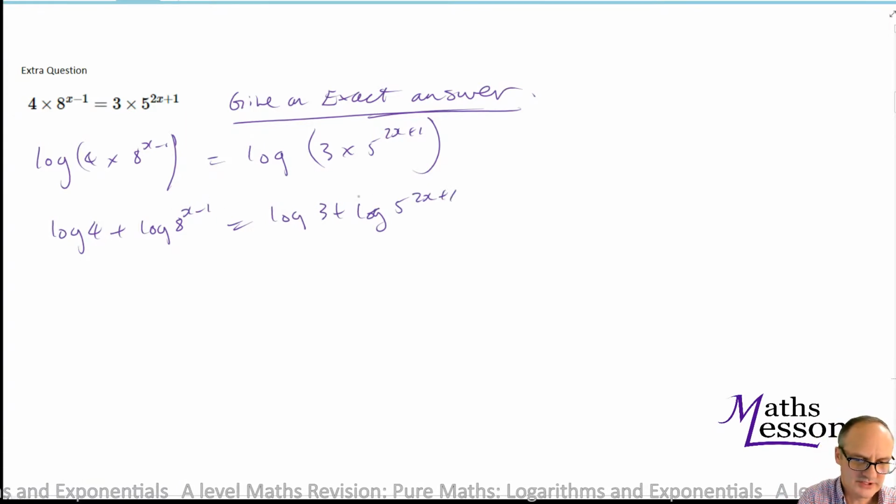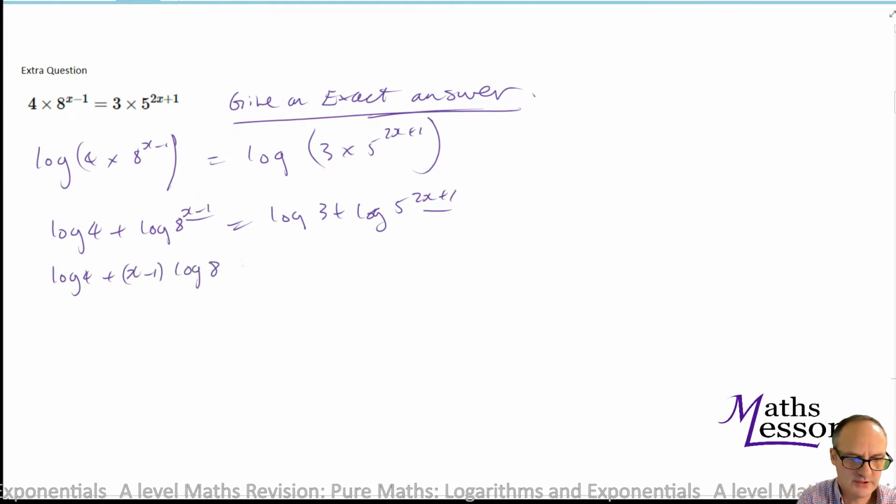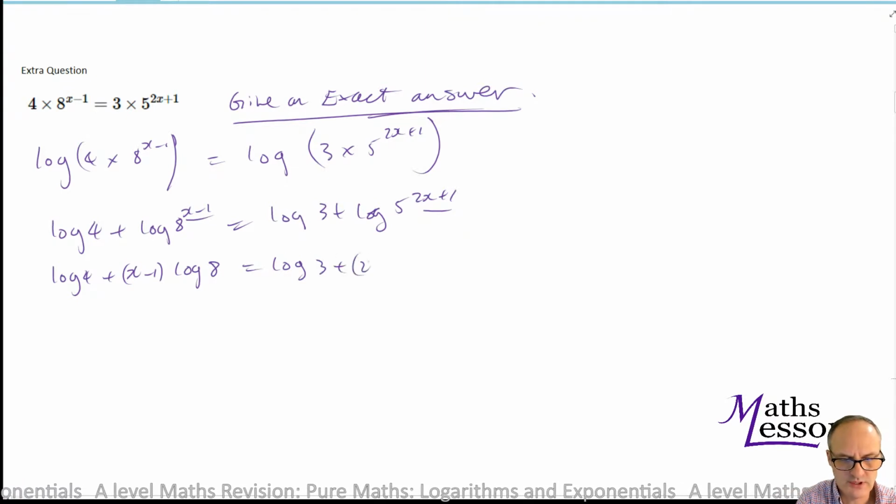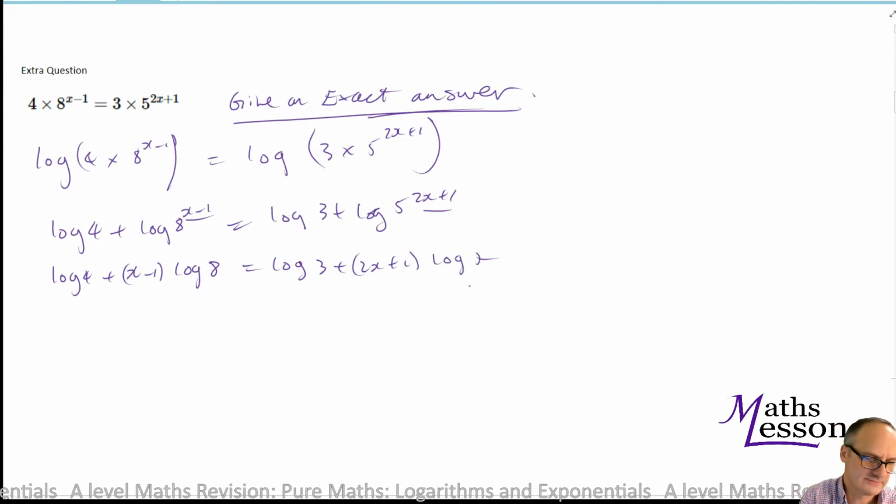Now we can bring this x minus 1 down, and we can bring the 2x plus 1 down. So we get log of 4 plus x minus 1 times log of 8 is equal to log of 3 plus 2x plus 1 times log of 5.